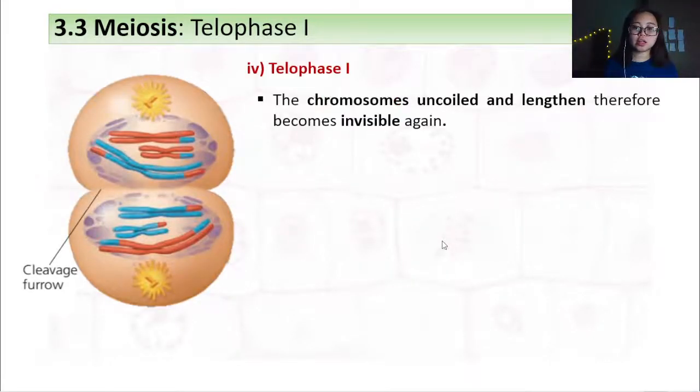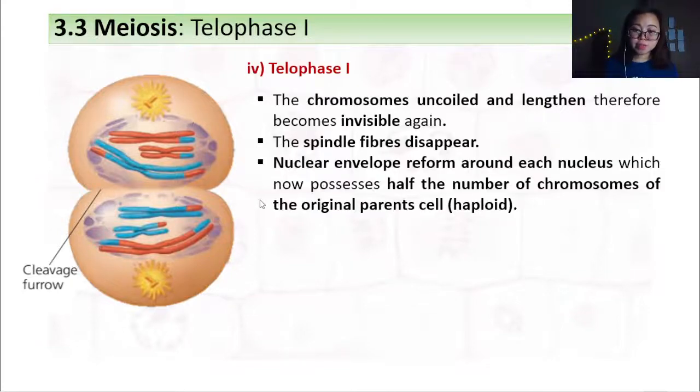Let's look at telophase 1. So the chromosomes arrive at opposite poles, and then the chromosomes uncoil and lengthen before becoming invisible again. So dia akan terburai, dia akan jadi kromatin yang panjang dan halus dan sukar dilihat di bawah mikroskop. The spindle fiber disappear.